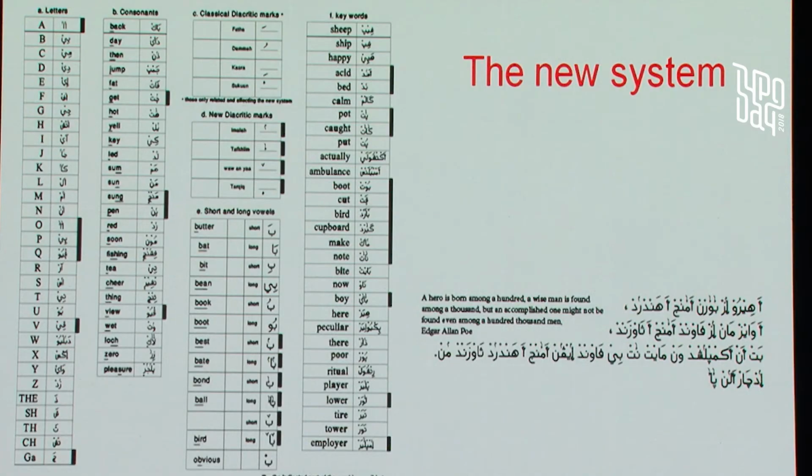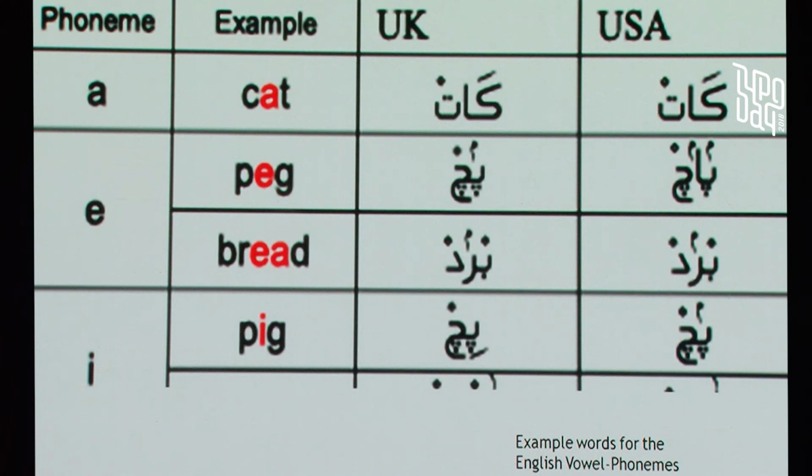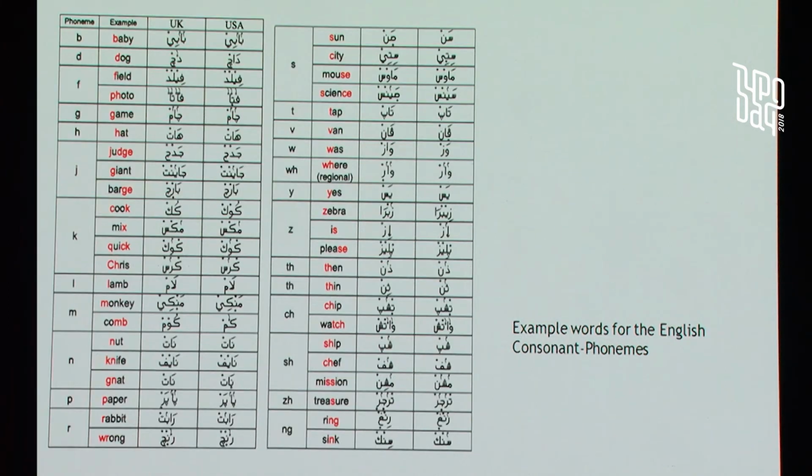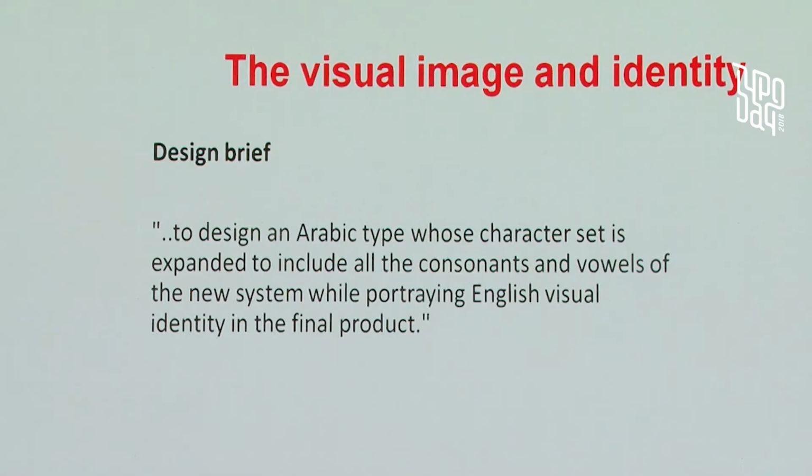This is written in Arabic for the English, but without the image. And then each phoneme was taken as a vowel, and all the phonemes were covered, whether in English, UK, or US, and also for the consonant phonemes. I'm just going fast because the time limit is done.